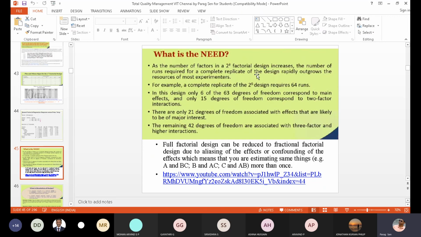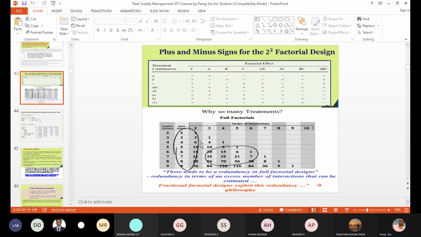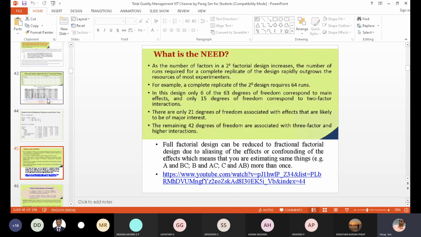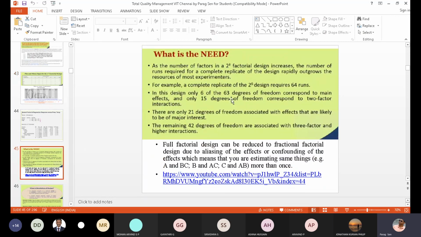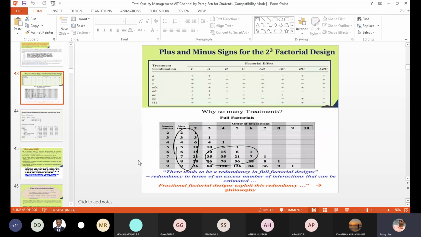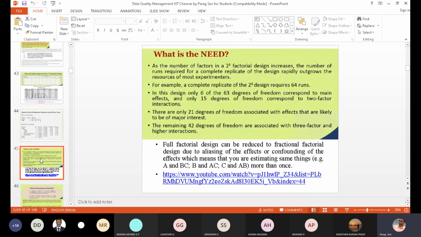You can see here the 2 to the power 6 design: 6 degrees of freedom for main effects and 15 degrees of freedom for the two factor interaction effects.